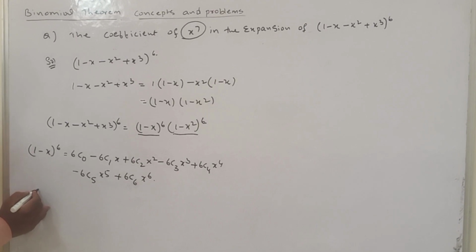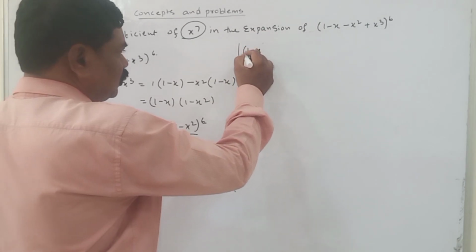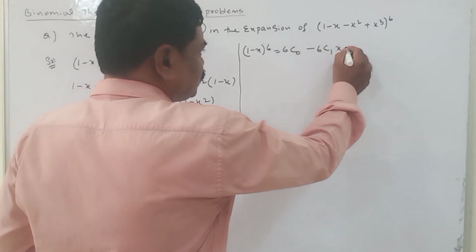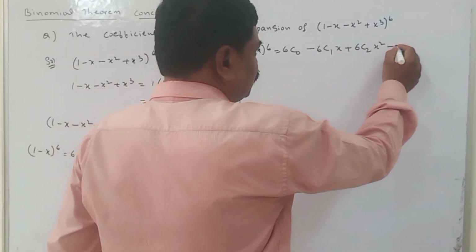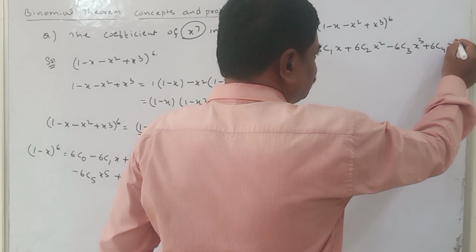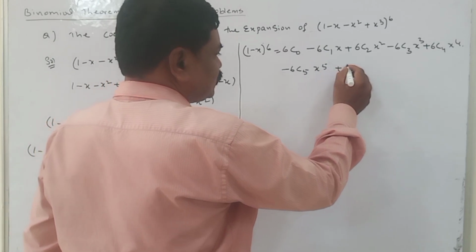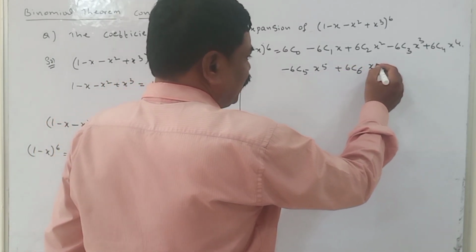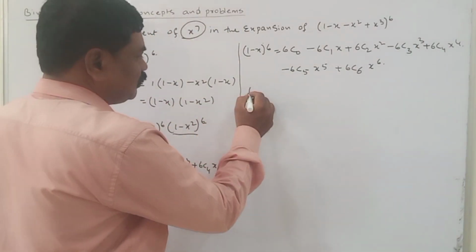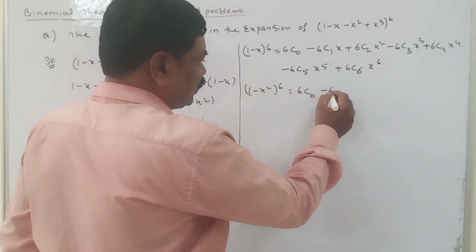Next, the (1 minus x) whole power 6 expansion again: 6C0 minus 6C1 x plus 6C2 x square minus 6C3 x cube plus 6C4 x power 4 minus 6C5 x power 5 plus 6C6 x power 6.